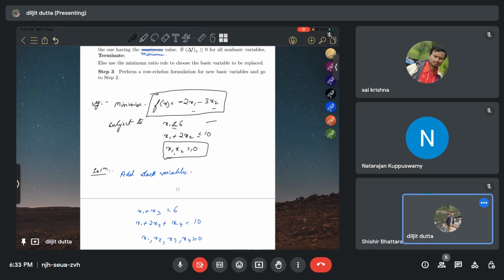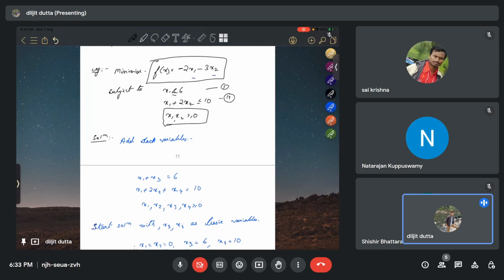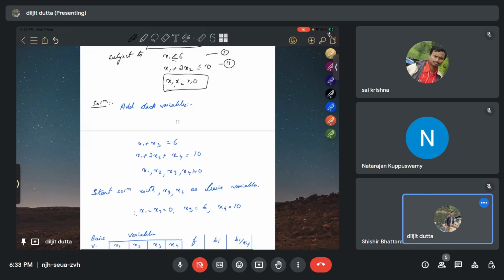Now both the constraints are inequality constraints, less than or equal to constraints. So in that case, we need to insert slack variables. We insert two slack variables, x3 and x4. In the first equation we insert x3, in the second equation we insert x4.